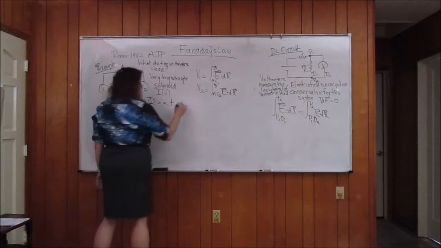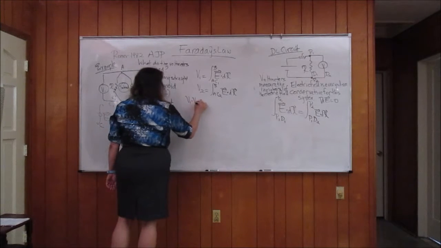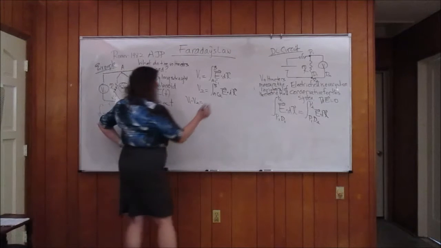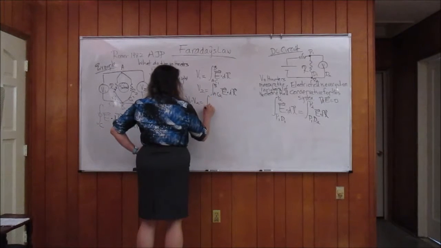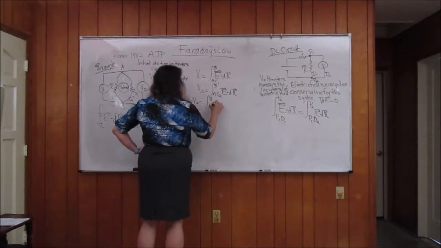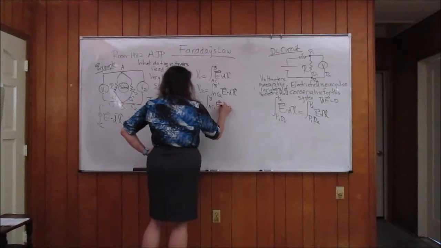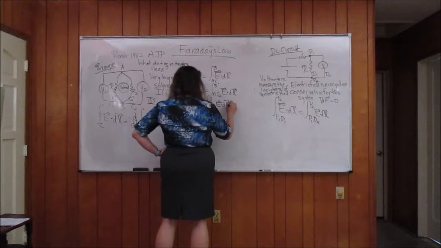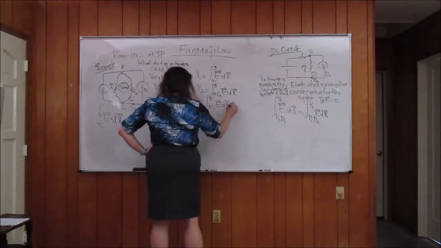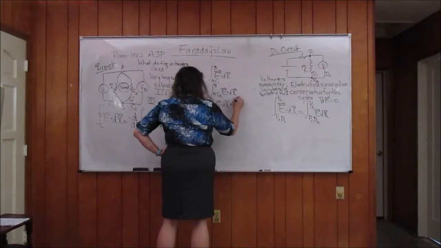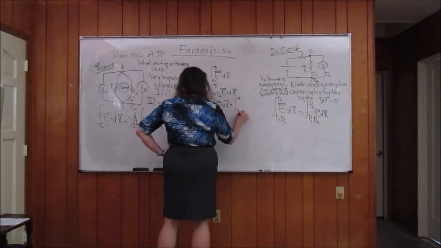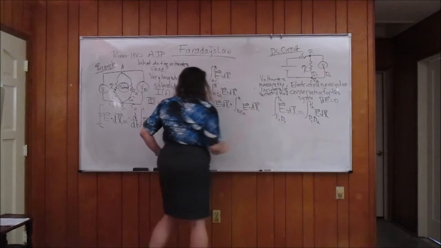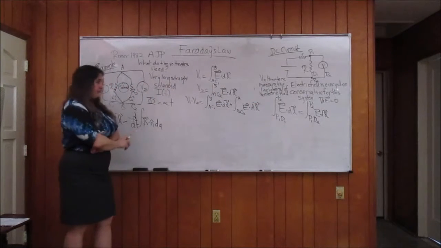And if I take the difference between those two, V1 minus V2, basically that is going to be equal to the integral from A to B along C1, plus B to A along path C2.